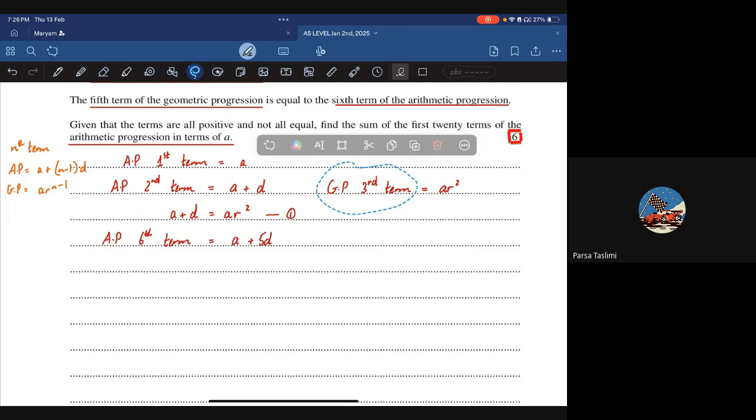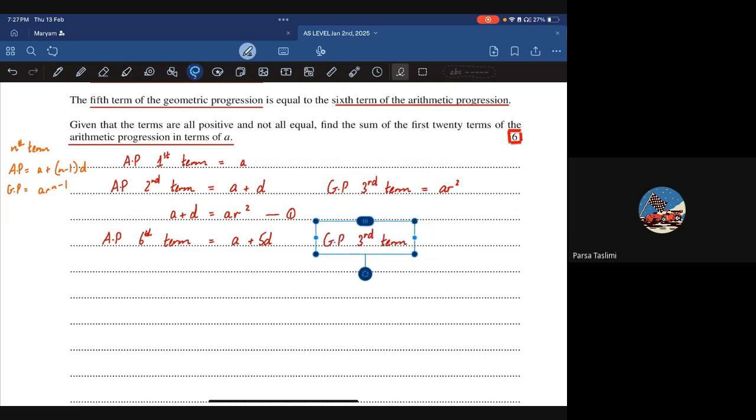And this is equal to the fifth term of the geometric sequence, which is AR to the power n minus 1, which is 4. So it's AR to the power 4.